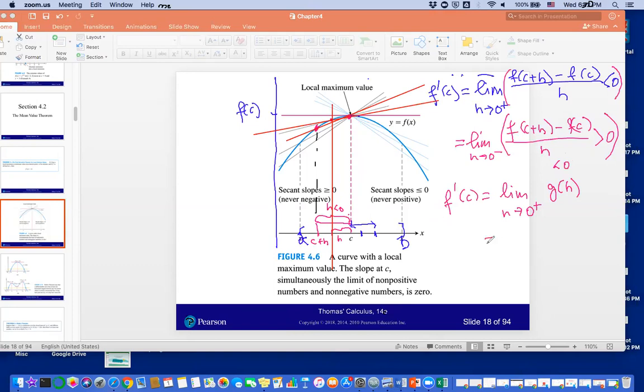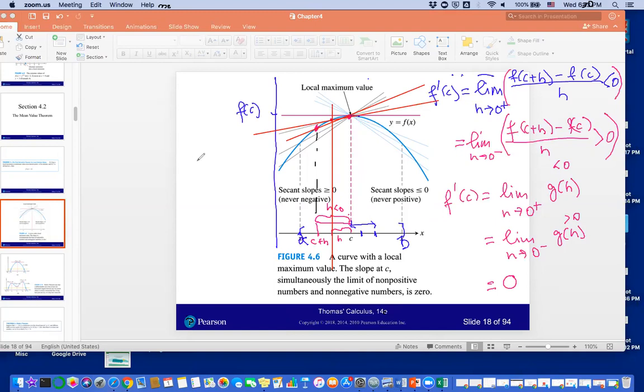And then it's also equal to the limit as h goes to 0 from the left of the same function of h, and this function happens to be positive. These numbers are negative. These numbers are positive. How can they have the same limit? The only way they can have the same limit is if this common limit is 0.